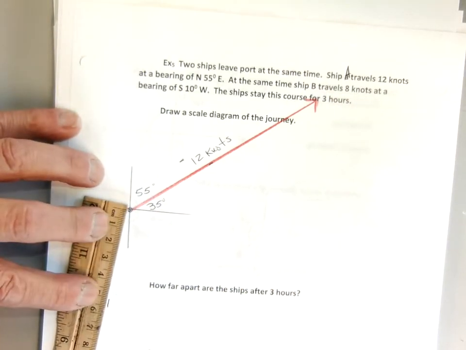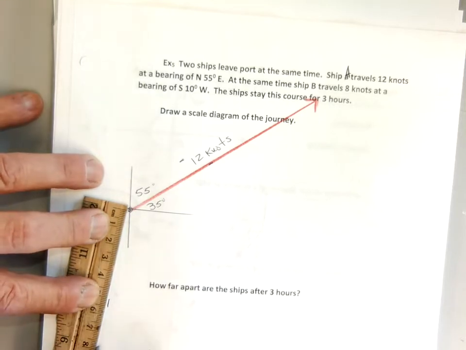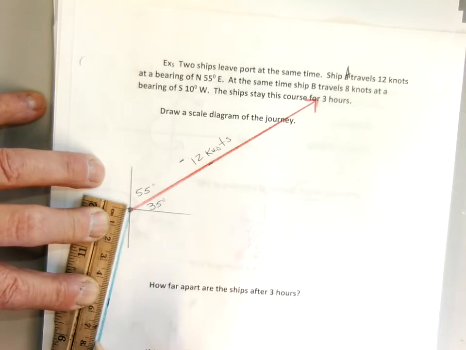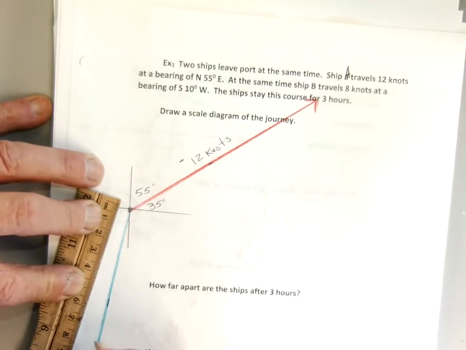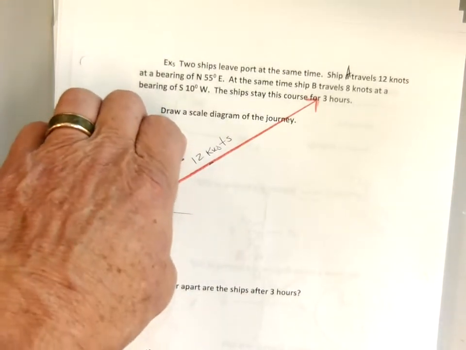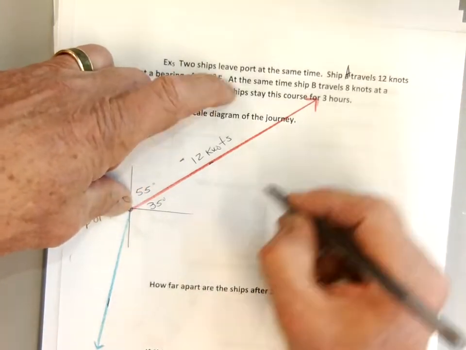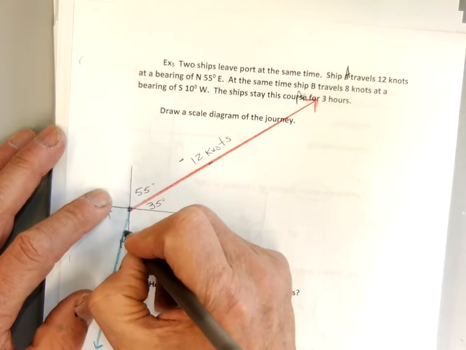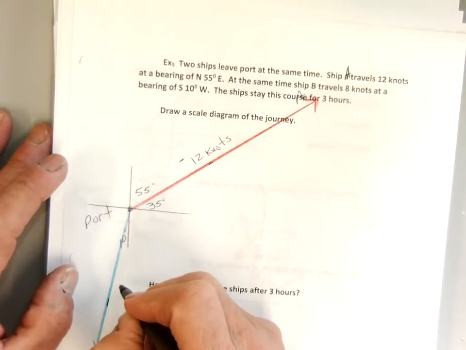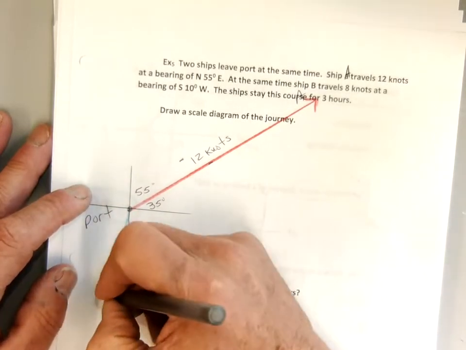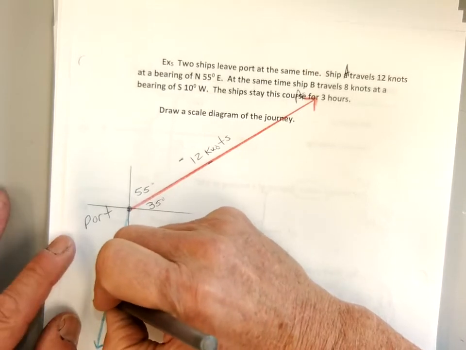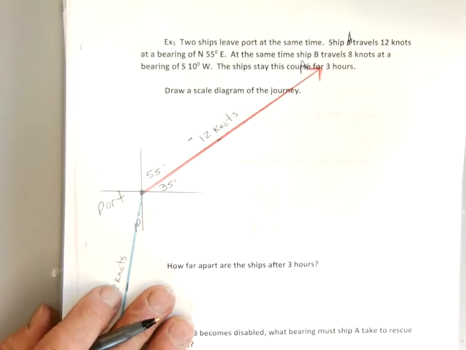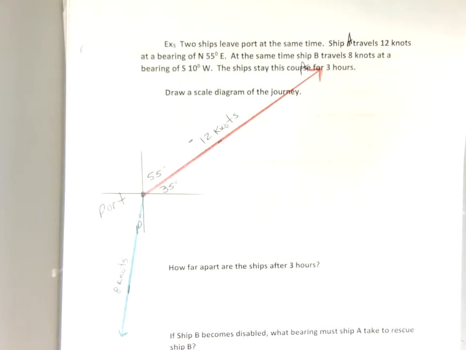So I'm going to draw it 8 centimeters and say it's 8 knots. There's ship B, ship A, 10 degrees, right? And this is going to be 8 knots. Okay, I'll wait for you. So my ships are going in different directions.